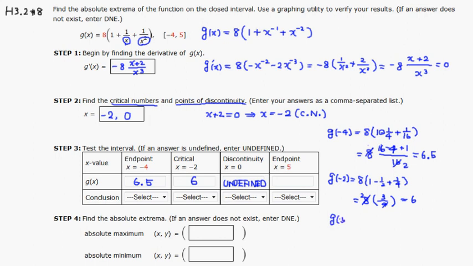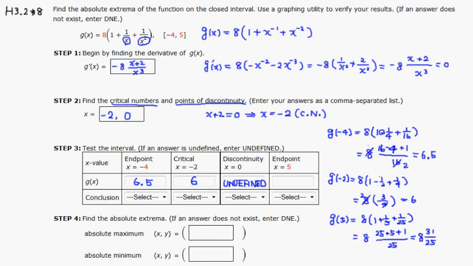So let's say 5. You're going to have 8 times the quantity 1 plus 1 over 5 plus 1 over 25. Right, so the common denominator would be 25. So 1 is 25 over 25, 1/5 is 5 over 25, and 1. So that's going to be 8 times 31 over 25.